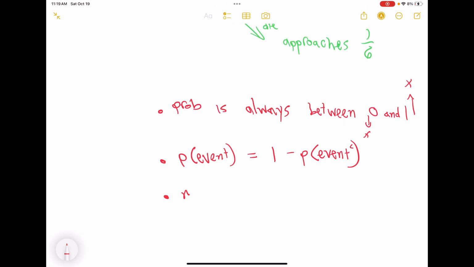And remember mutually exclusive events, okay, so events where when one occurs, the other can never occur, right? Two events that are so dependent they can never happen at the same time.